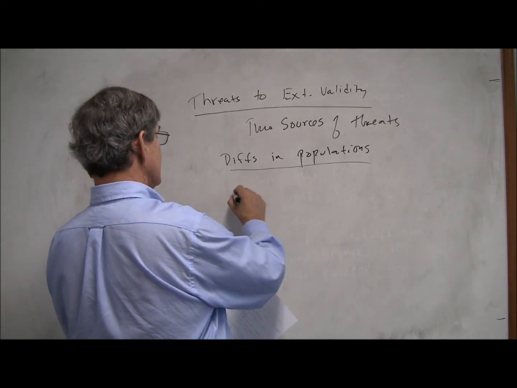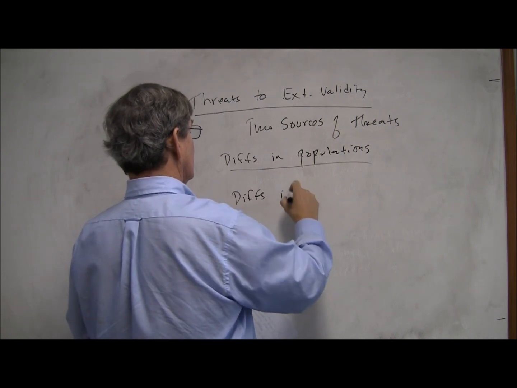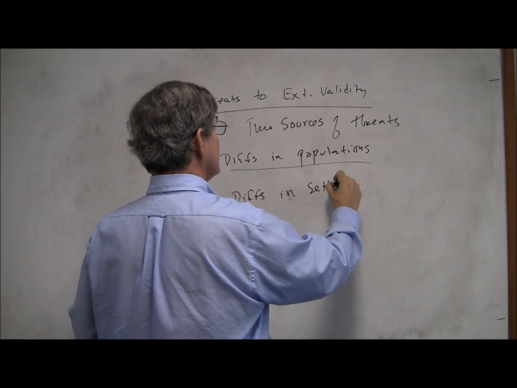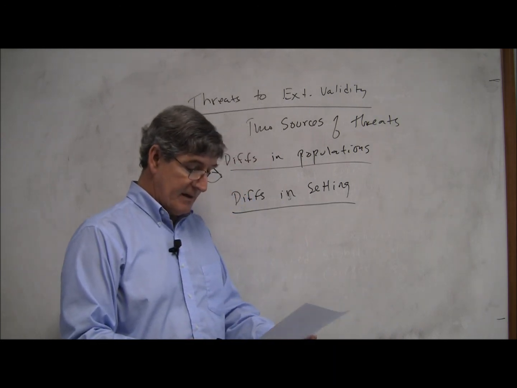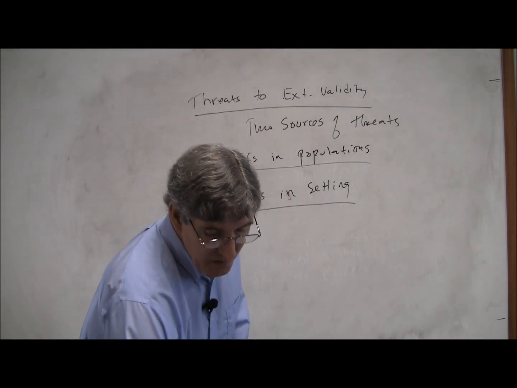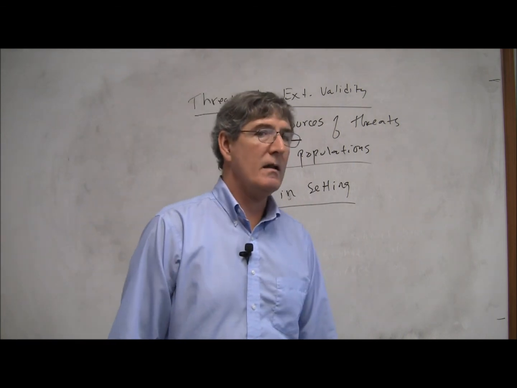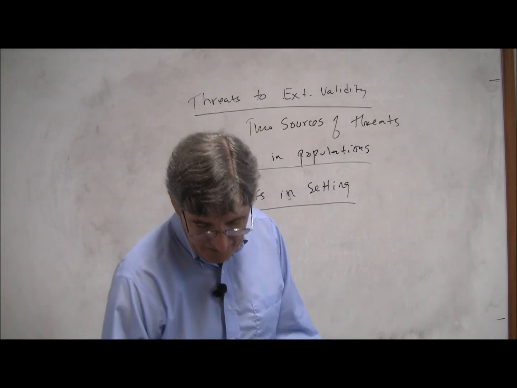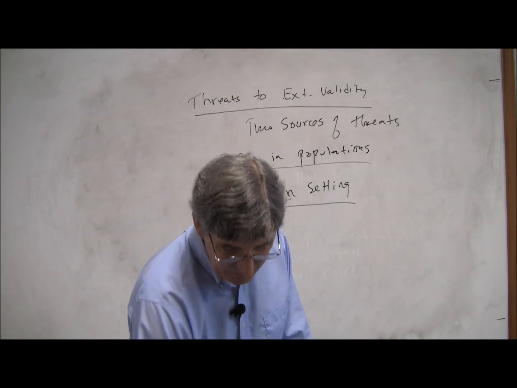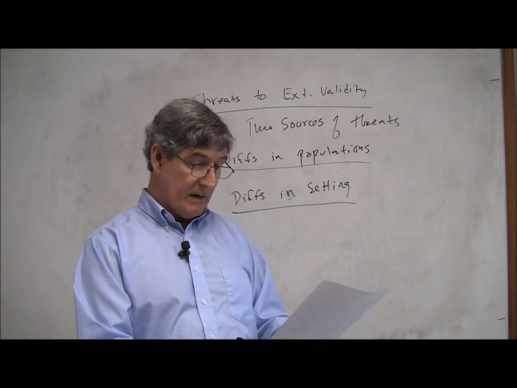Secondly is differences in setting. Suppose we're studying how the number of police patrolling the street affects speeding. Well, it may be that the fines are different in the two states. It may be that the geography is different. A lot of uphill and downhill might make a difference. When people get on the downhill, they might speed more.